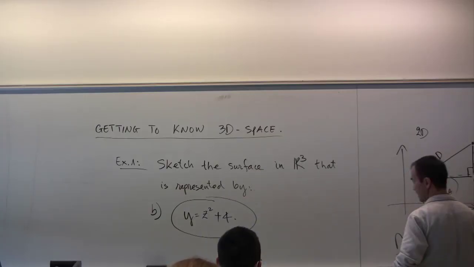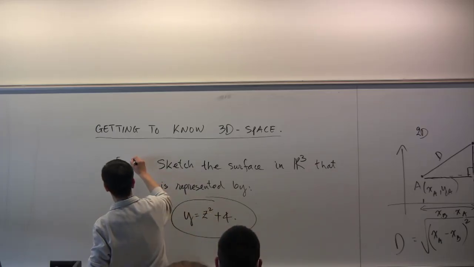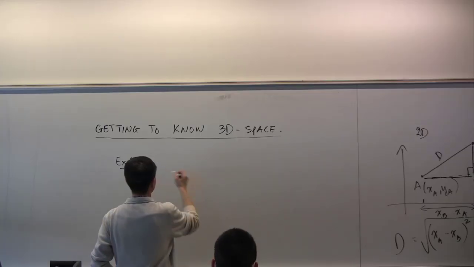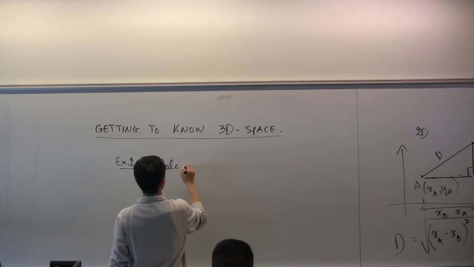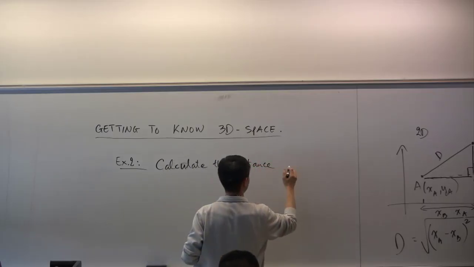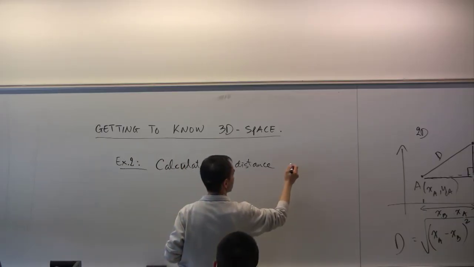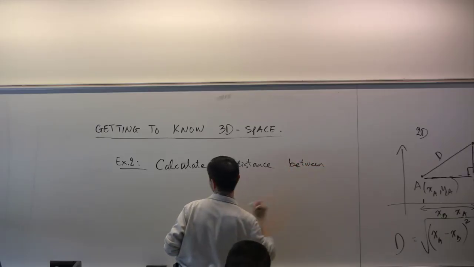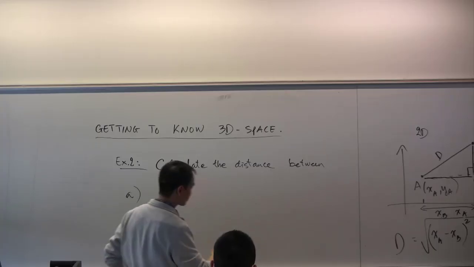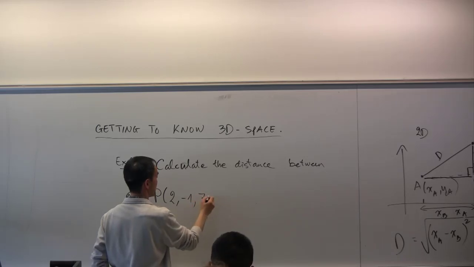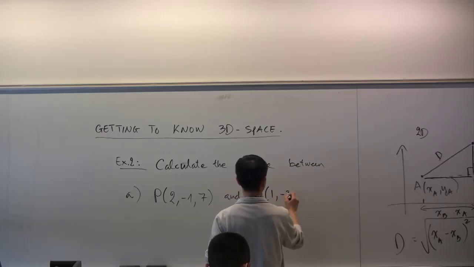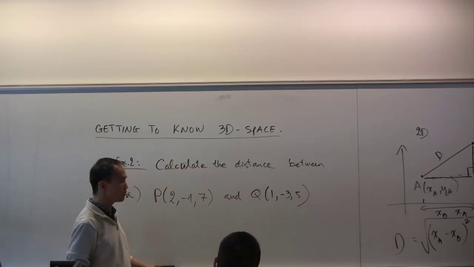So right at this point, let's look at another example, to calculate the distance from point P at 1, -3, -5 to point Q at 2, -1, 7. Right, we've got those two points in space.